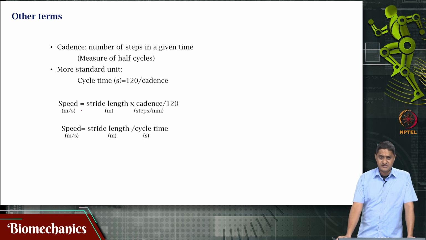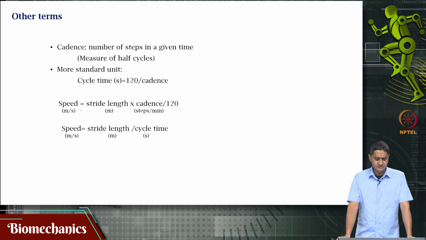Some other terms of interest. Cadence is the number of steps that are taken in a given time, say for example in a minute. Cycle time is a more standard unit, that is 120 divided by the cadence.